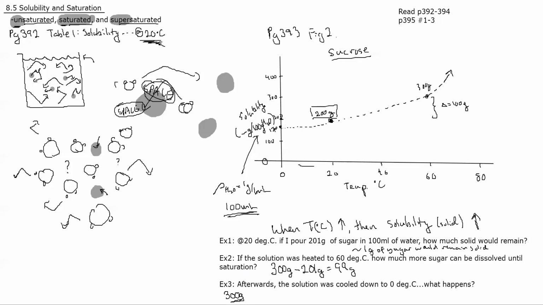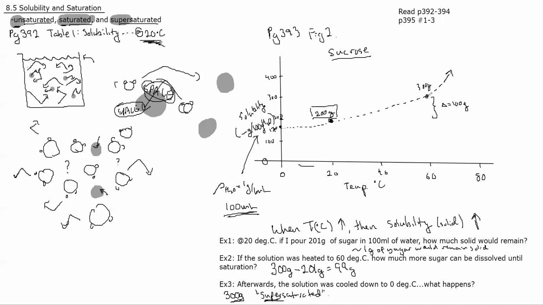When there is more solute dissolved than the maximum quantity possible, this is what we call supersaturated. It is beyond the saturation point. So there's my definition of supersaturated. Well, what happens? Nothing really.